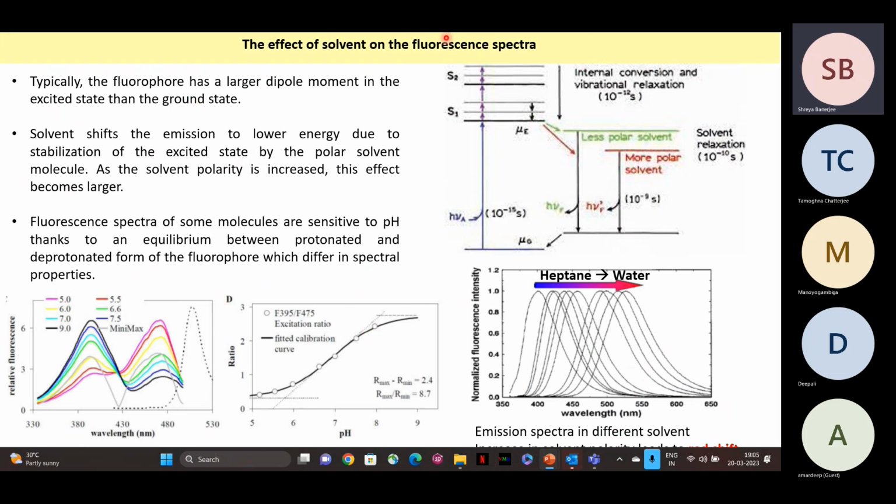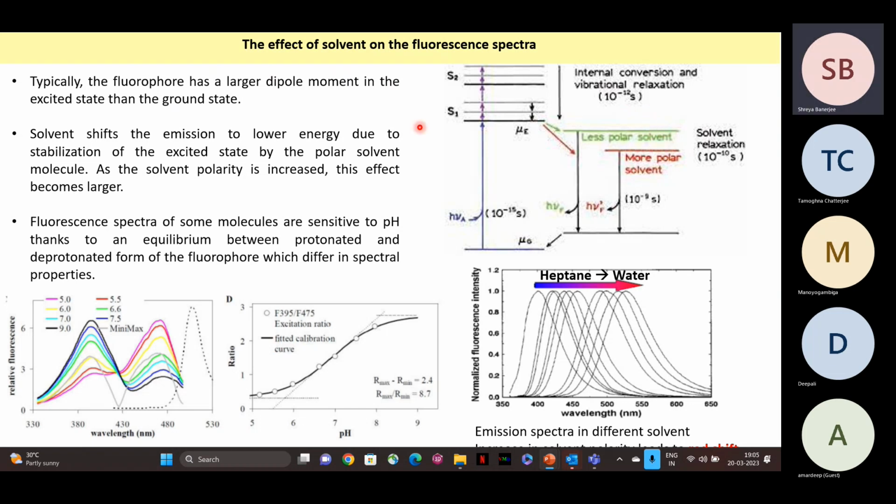Solvent has a large effect on fluorescence spectra. Generally, the fluorophore has a larger dipole moment in the excited state compared to the ground state. So if you have a more polar solvent, it will stabilize the excited state more compared to a less polar solvent.